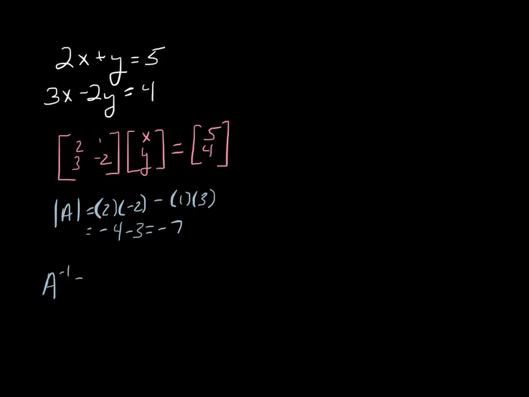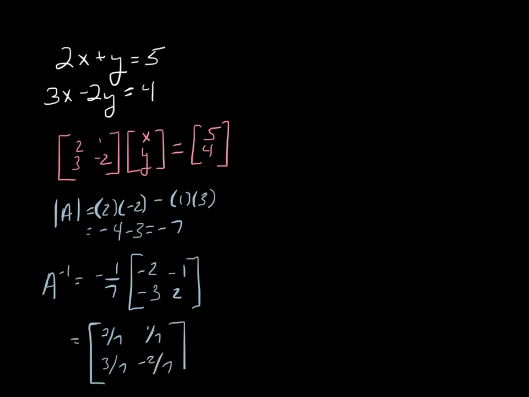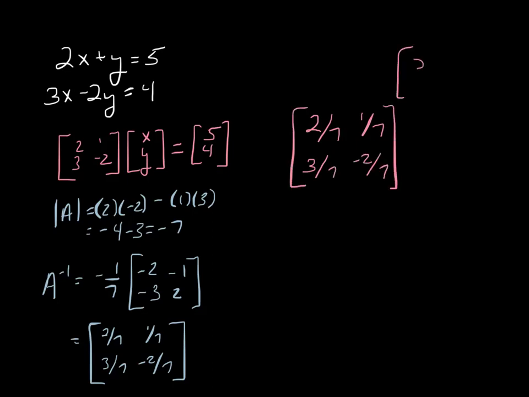So A inverse will be negative 1/7 times, we switch our 2 and our negative 2, and negate the 1 and the 3. So we've got 2/7, 1/7, 3/7, and negative 2/7. So that's A inverse. We take A inverse and multiply that by B. And here's B, 5, 4.